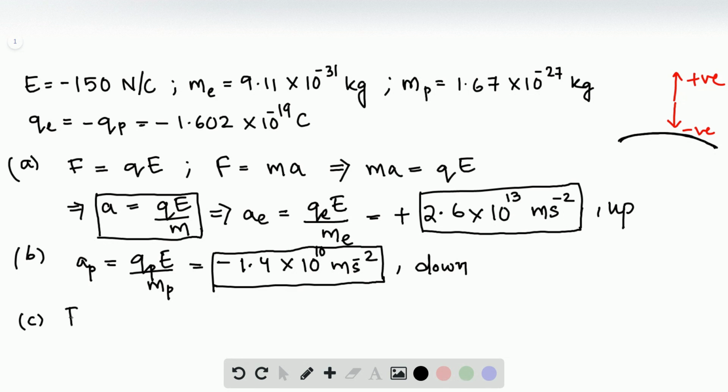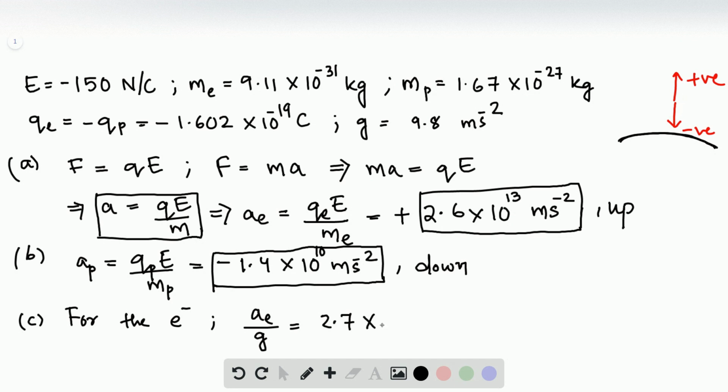So for the electron, it will be a_e over g, and g is the acceleration due to gravity, which is 9.8 meter per second squared. So using these values in this equation, we get the ratio to be 2.7 times 10 to the power 12.